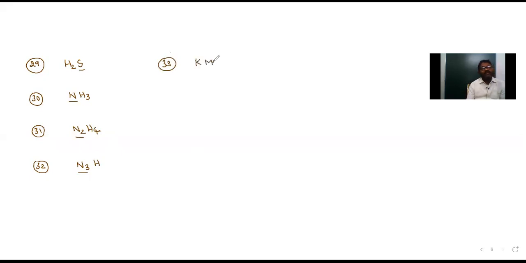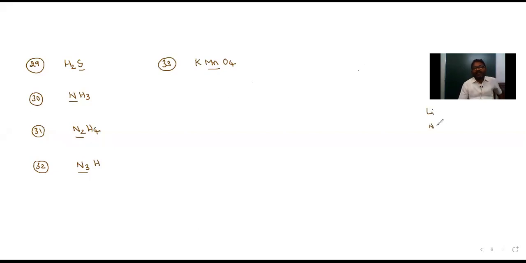In KMnO4, come on, I want it for manganese. As you know, potassium is a first A group element, I told you already.